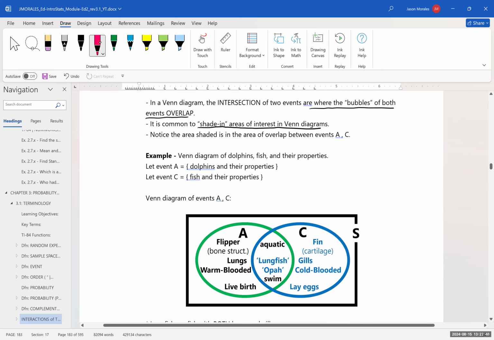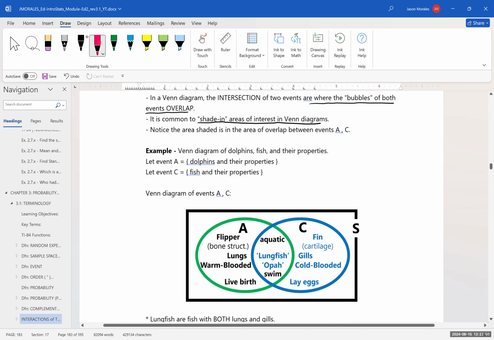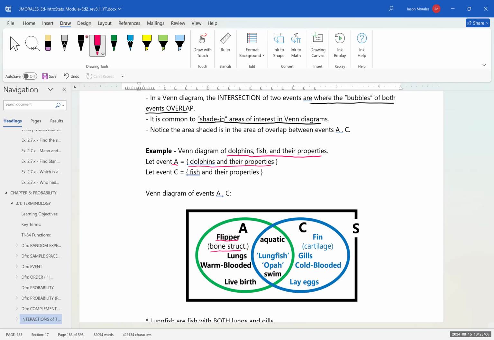Let's look at an example of a Venn diagram of dolphins, fish, and their properties. We're going to let event A be composed of dolphins and their properties, in green. Dolphins have flippers, which are a bony structure.